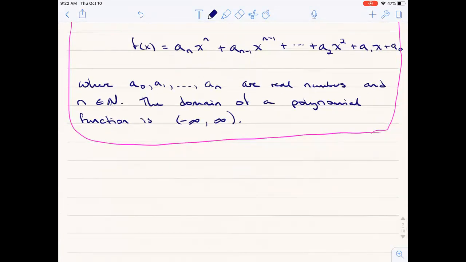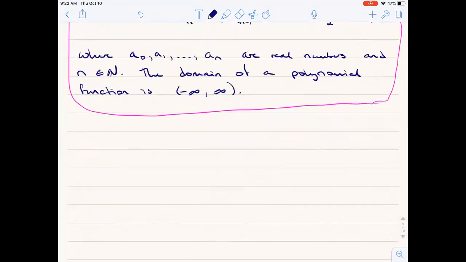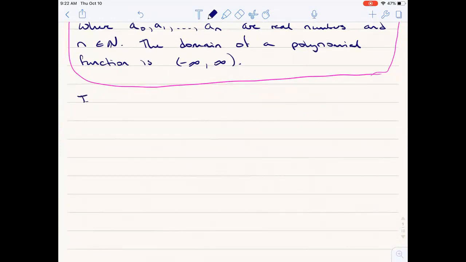Some terminology, pun intended, because they're all terms. Terminology.